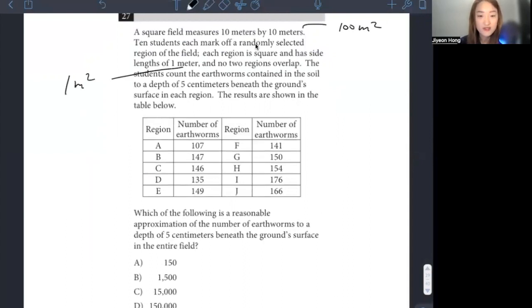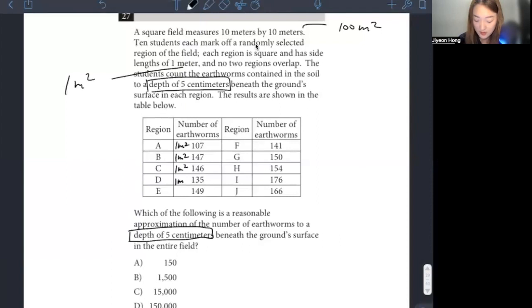Which of the following is a reasonable approximation of the number of earthworms to a depth of 5 centimeters beneath the ground surface in the entire field? So the sample that they collected is a depth of 5 centimeters, so we don't really have to worry about multiplying by 5 or anything like that. Now, all we have to realize is this is 1 meter squared, this is 1 meter squared, this is 1 meter squared.